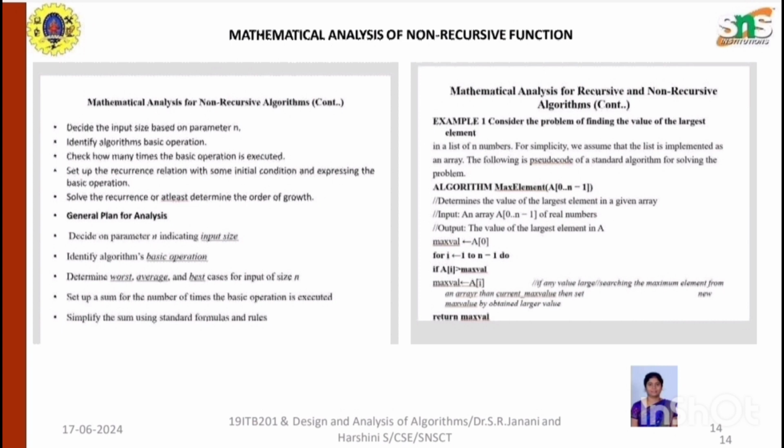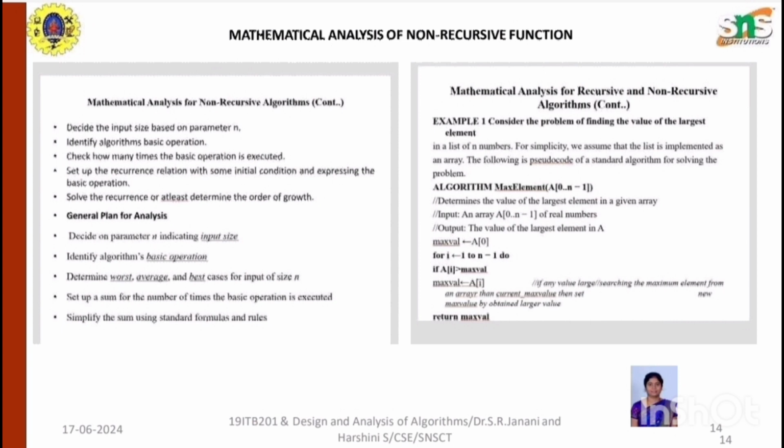Third, we have to check how many times the basic operation is executed. Fourth, we set up a sum or a recurrence relation expressing the basic operation count. The fifth step is to solve it or at least determine the order of growth.